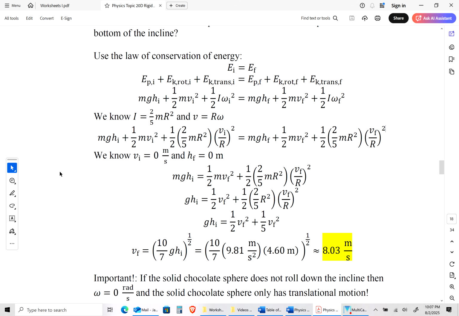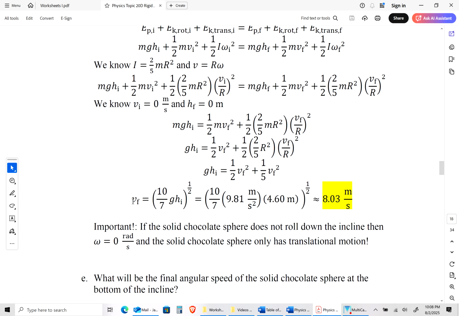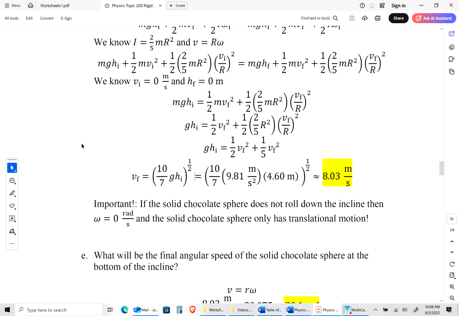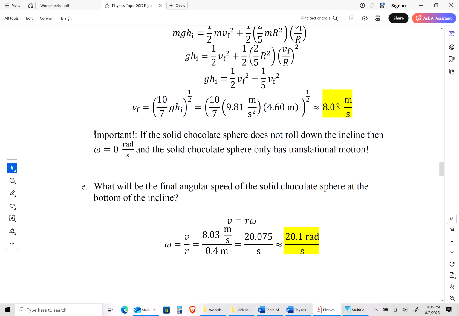V initial equals 0 and H final equals 0. So plug that in also. So using algebra, we end up getting this equation. And we can solve for V final. And we get a value. This is important.